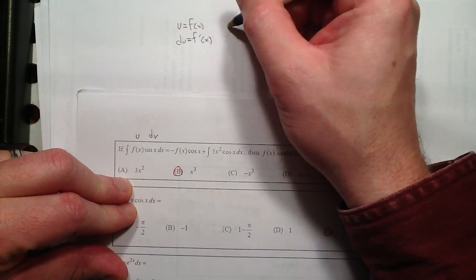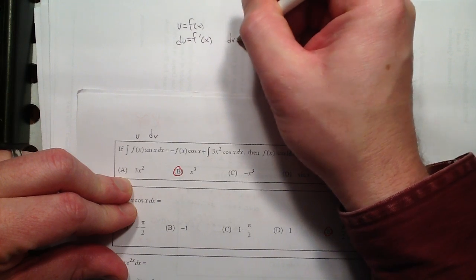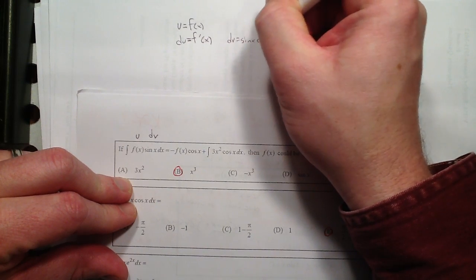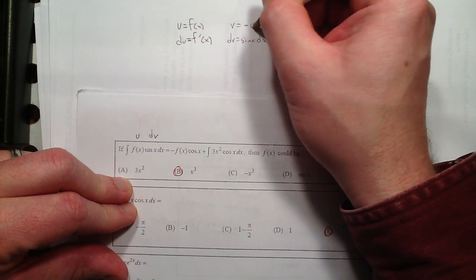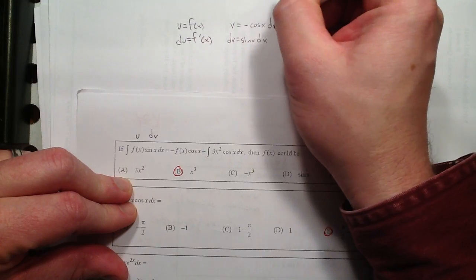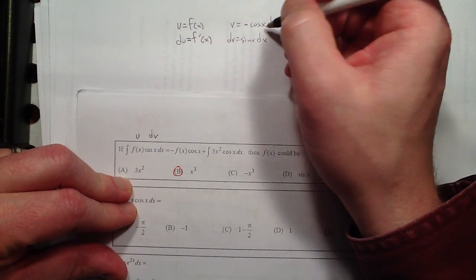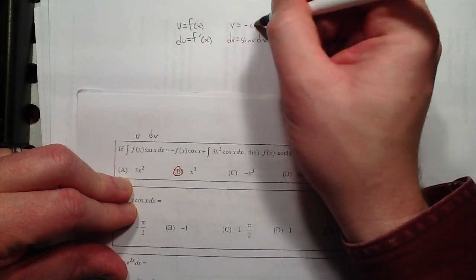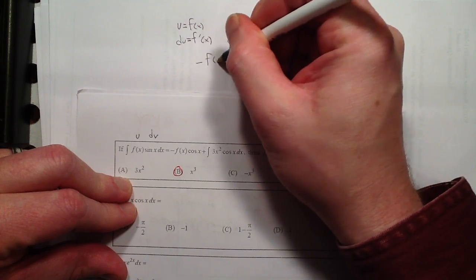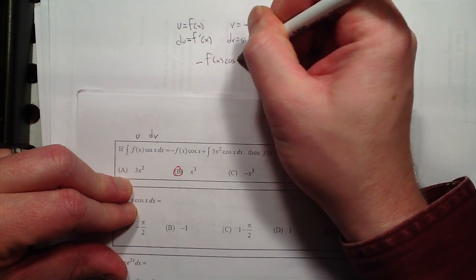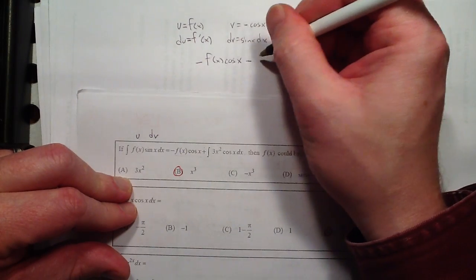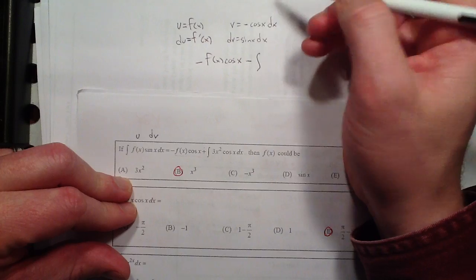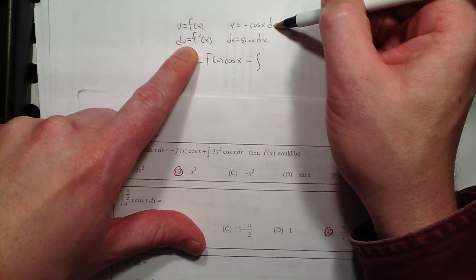then dv would be the sine x, and the antiderivative of that is negative cosine x dx. So rewriting that, I get uv, which would be negative f of x cosine x, and notice that that matches up to this, minus the integral of v du.